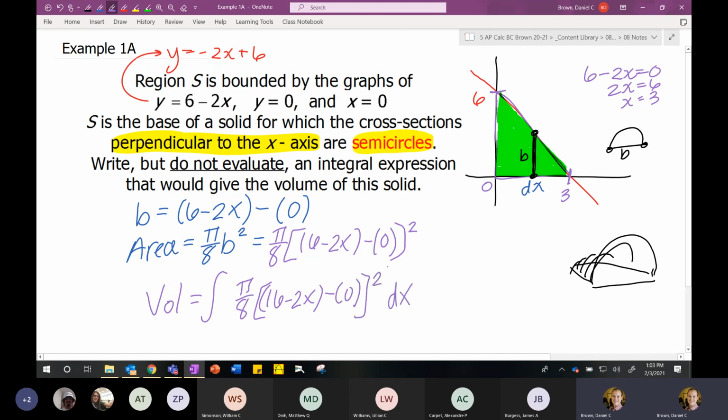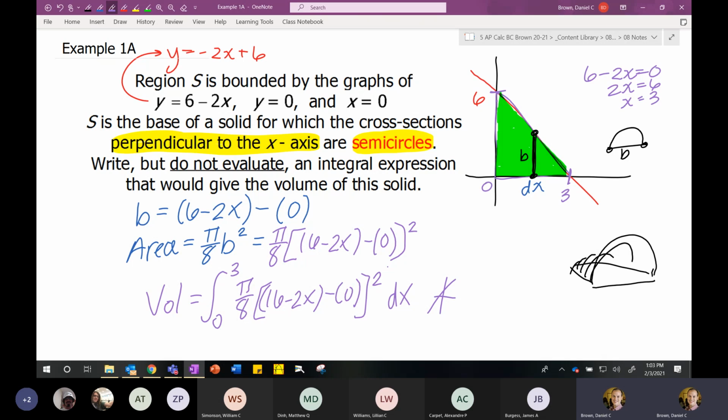We are integrating with respect to dx, and then what numbers do I need to put on my integral sign? 0 to 3. So in terms of dx, this area starts at 0, ends at 3. And again, what that means is you're adding up an infinite number of slices going across the page, which is going to give you the volume. Doesn't ask us to evaluate it, thankfully, so that would be the final answer.